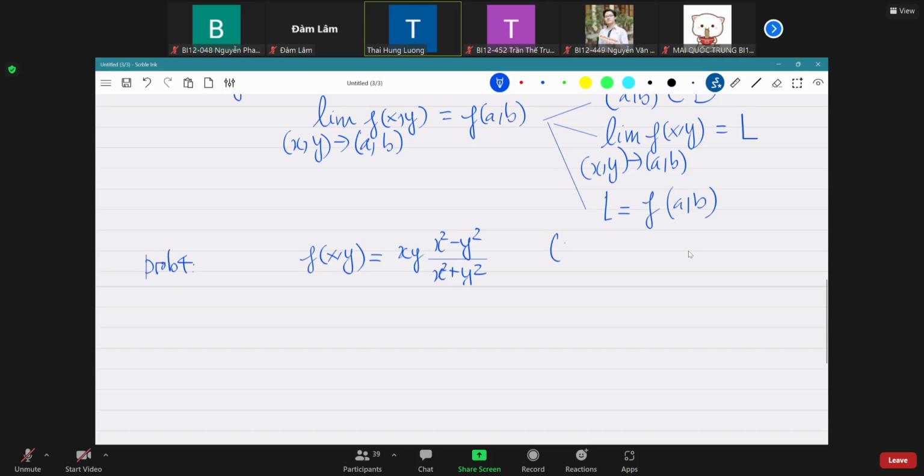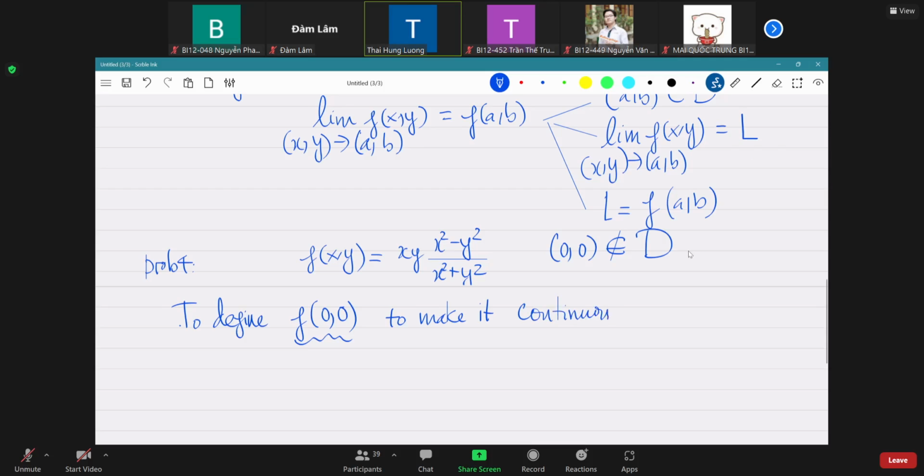That means (0, 0) does not belong to the domain of the function. They are asking us to define the value of the function f at (0, 0) to make it continuous at (0, 0).